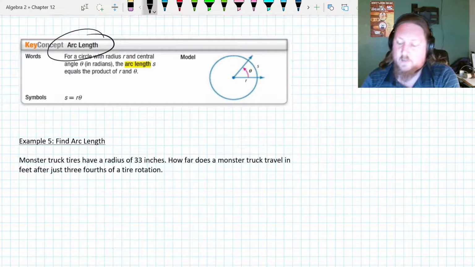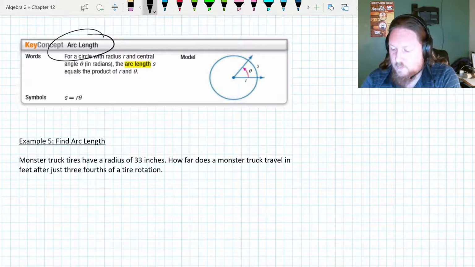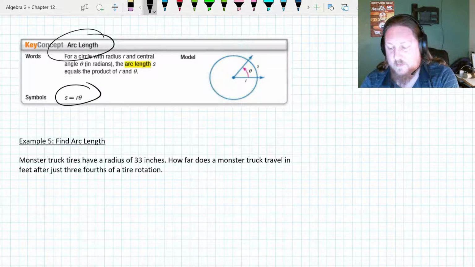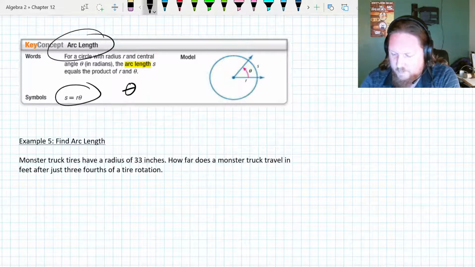One way to find the circumference is you use the radius. So you can see here, arc length is supposed to be radius times the angle. That angle there, it's very important to notice, is in radians.